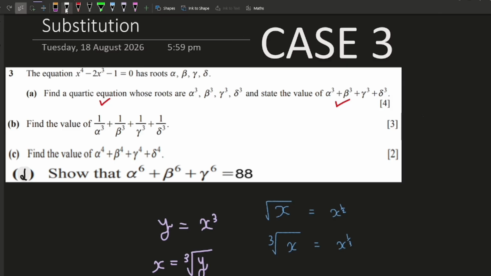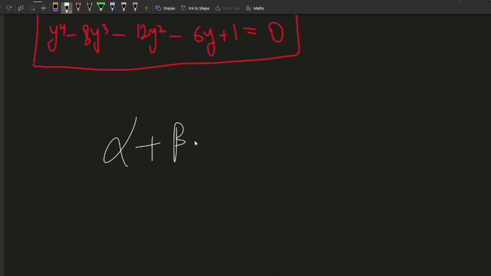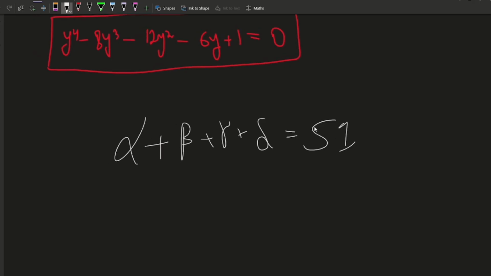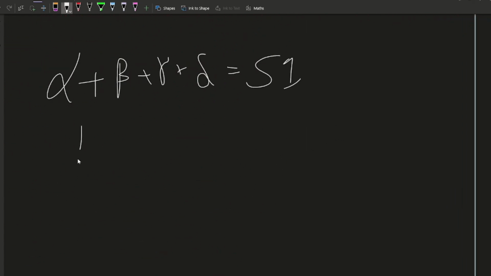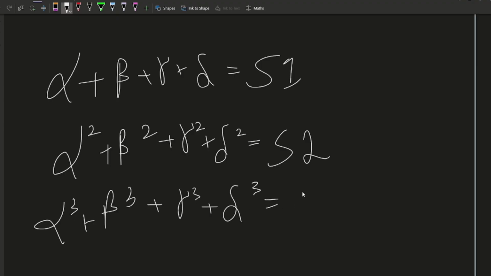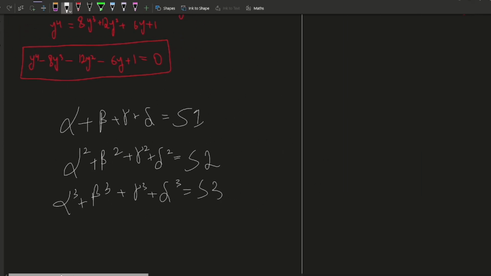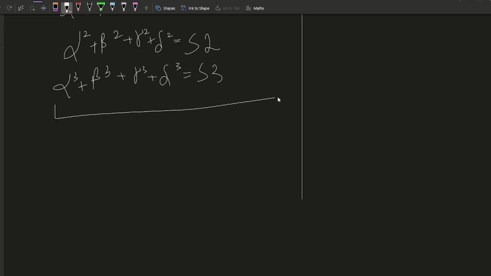What we have to understand is that alpha plus beta plus gamma plus delta is equal to S1, alpha square plus beta square plus gamma square plus delta square is equal to S2, and alpha cube plus beta cube plus gamma cube plus delta cube is equal to S3. Now we have to find the value of S3.